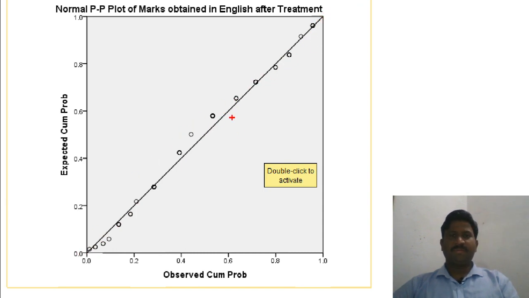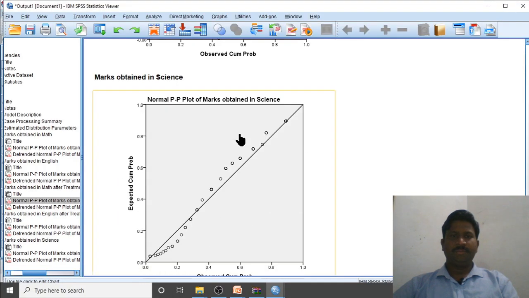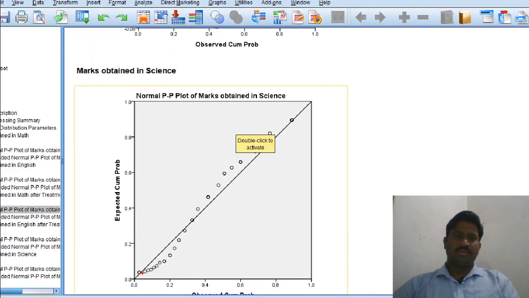So this is normally distributed data. This is the science score, again deviated. Very few points on this line, only 2 points. So this is not normally distributed. So this is the second way of testing normality of data.